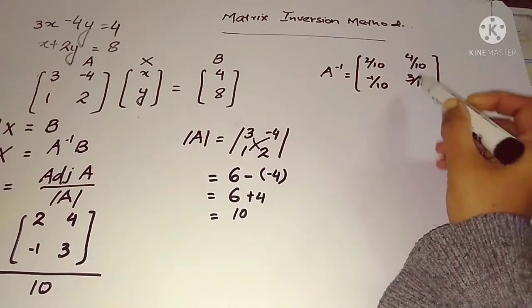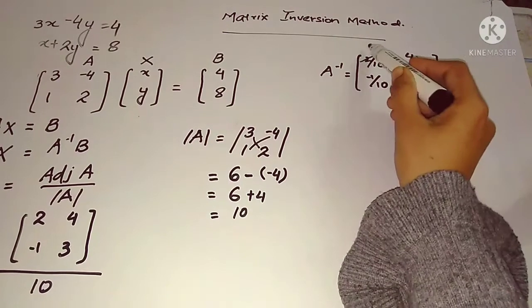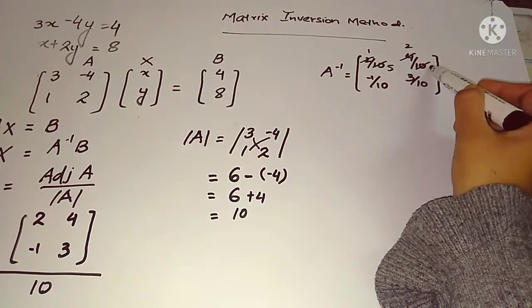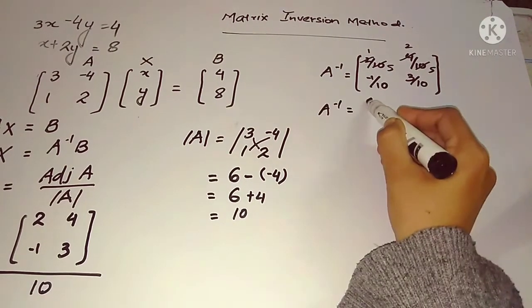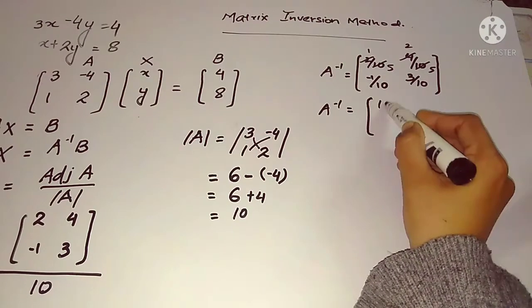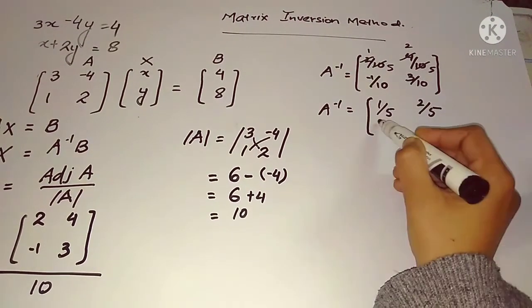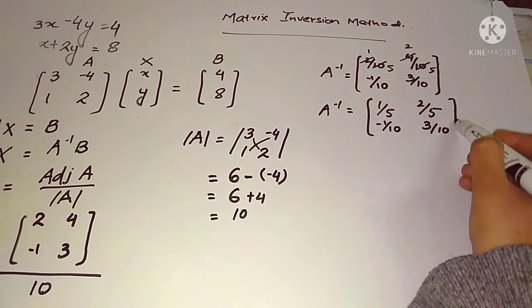Now can you see that we can cancel these numbers and these numbers? So cancel them: 2 1s are 2, 2 5s are 10, 2 2s are 4, 2 5s are 10. So A inverse is 1 by 5, 2 by 5, minus 1 by 10 and 3 by 10.